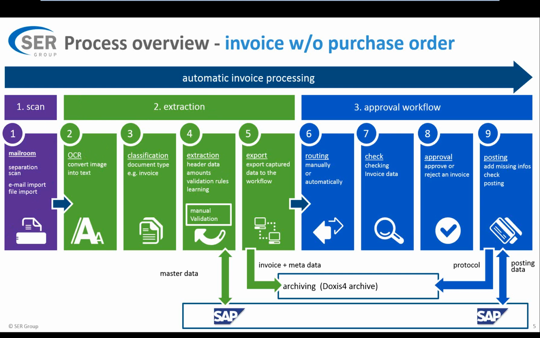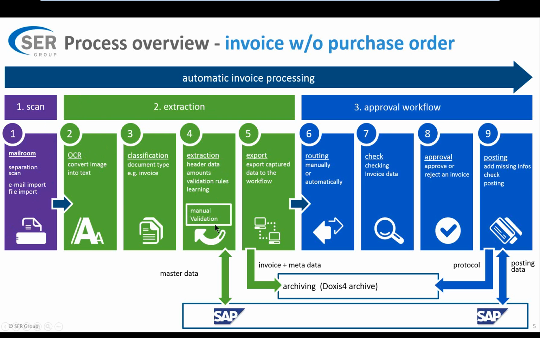In Germany, we have a tax law which has to be fulfilled. That means an invoice has to fulfill some special requirements, and our solution can support the customer in checking these law fulfillments. So everything is automatic until this step.